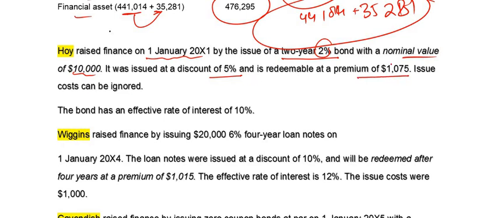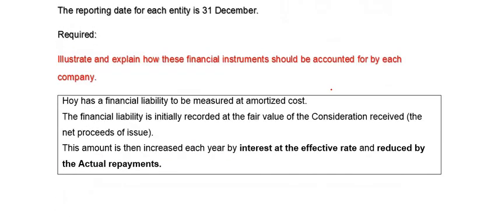The issue cost you have to ignore, and the bond's effective interest rate is this amount. So how will you treat this transaction? On 1st Jan 2001, H raised finance and issued a 2-year 2% bond with a nominal value of this amount, with issue costs of 5%, and at the time of redemption you have to pay some premium, which is this amount. Then how will you treat it? Let me show you.